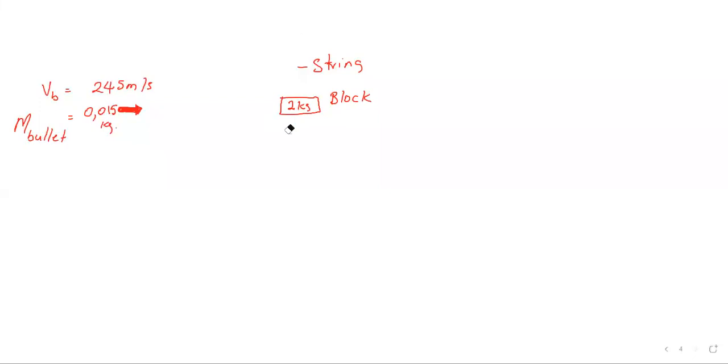Then we want to know how far this block of wood will move.